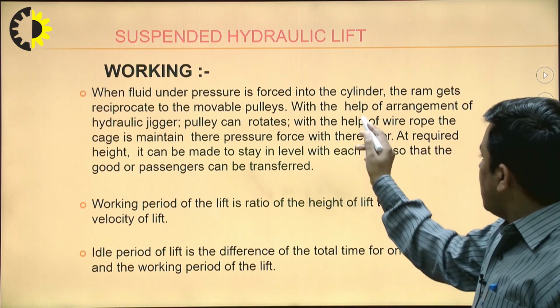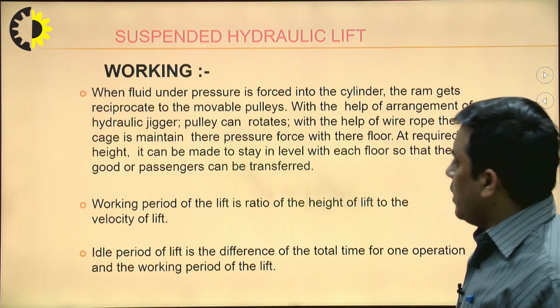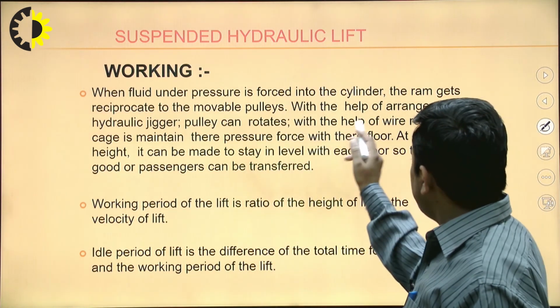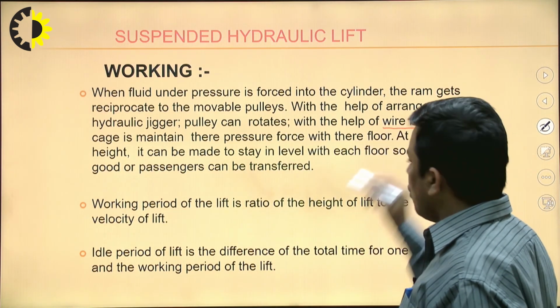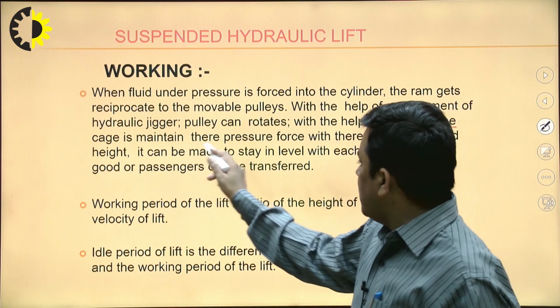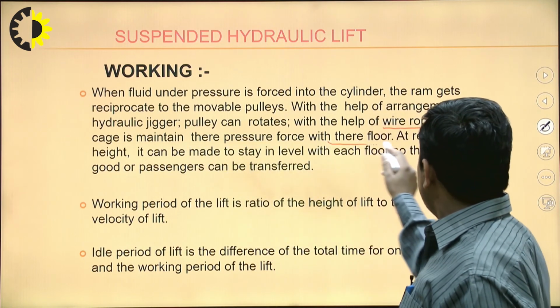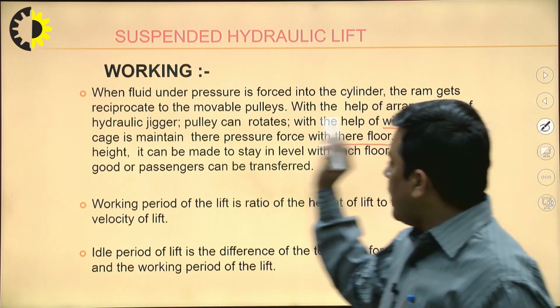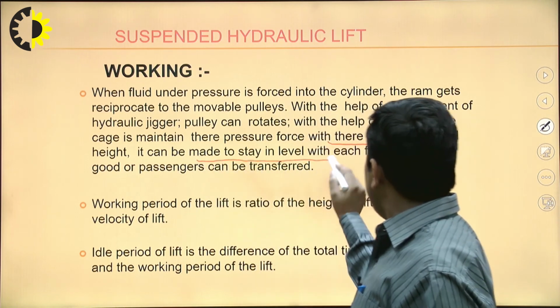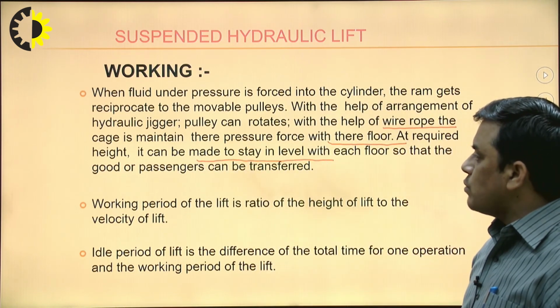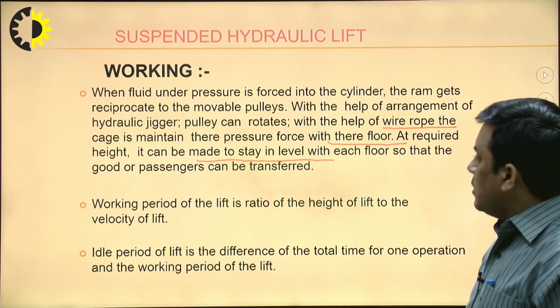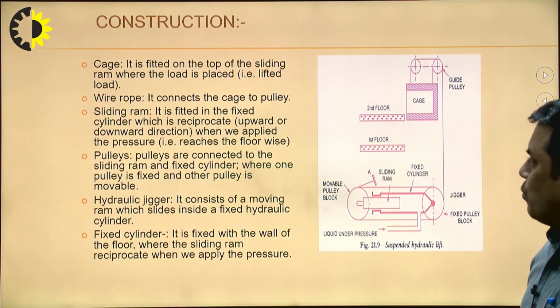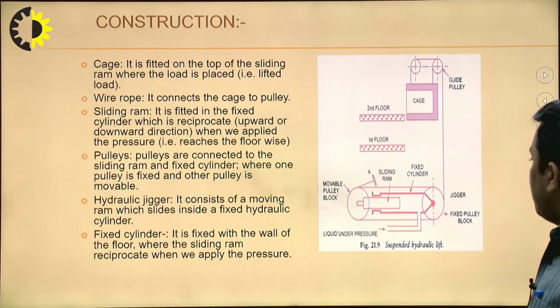With the help of the hydraulic jigger arrangement, the pulley can rotate with the help of wire and rope, and the cage maintains its position with the floor. At the required height, it can be made to stay in level with each floor so that the goods or passengers can be transferred. Here we can understand more clearly with the diagram.